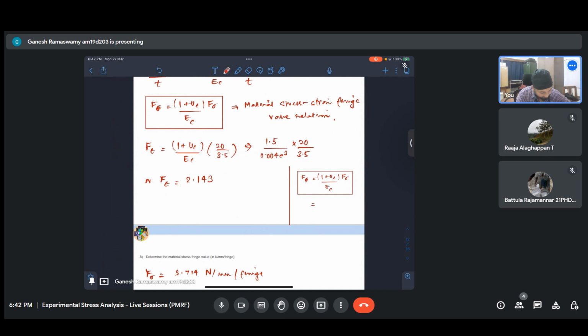So 1 by E, let me simply write the units rather, Newton per mm square, into F sigma, whose unit is Newton per mm per fringe. So essentially we are seeing that it is mm per fringe.